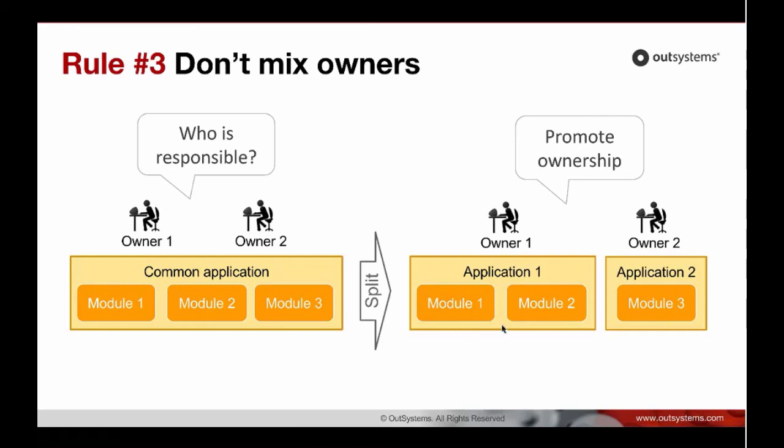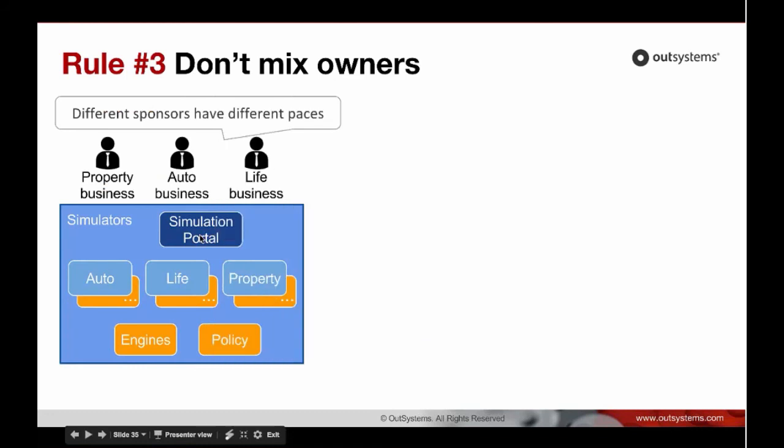Finally, the last rule is similar to this one. This has to do with development owners, and the next rule is about sponsors or the business owners. Let's imagine that I have a simulation portal to simulate insurance in auto, life, or property lines of business. And actually, I have different sponsors for each line of business: property business, auto business, life business.